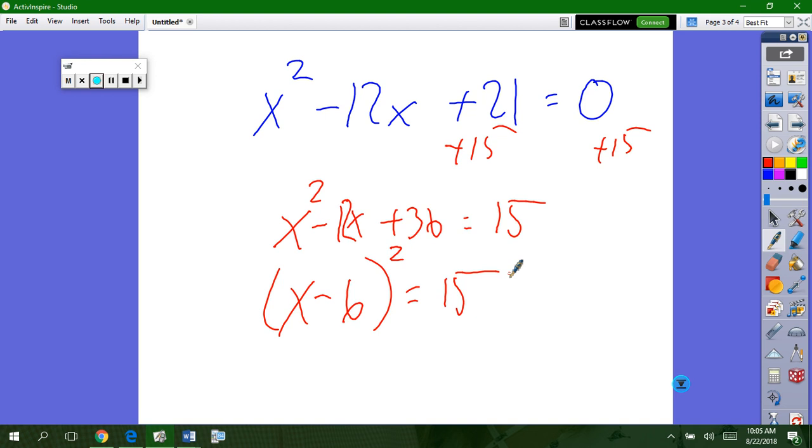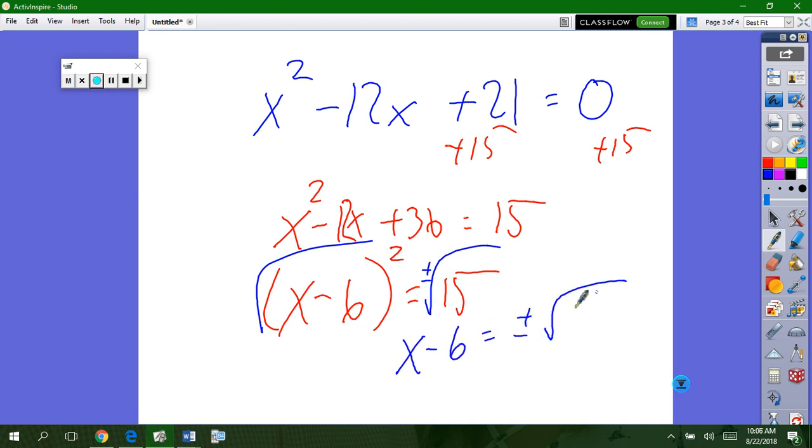Once again, I'm making it look different, but still equivalent, right? How do I solve for x there? Square root it. Remember, when I take a square root, though, what do I need to do? Which a lot of people forget, right? Okay. So I'm at x minus 6 equals plus or minus root 15.